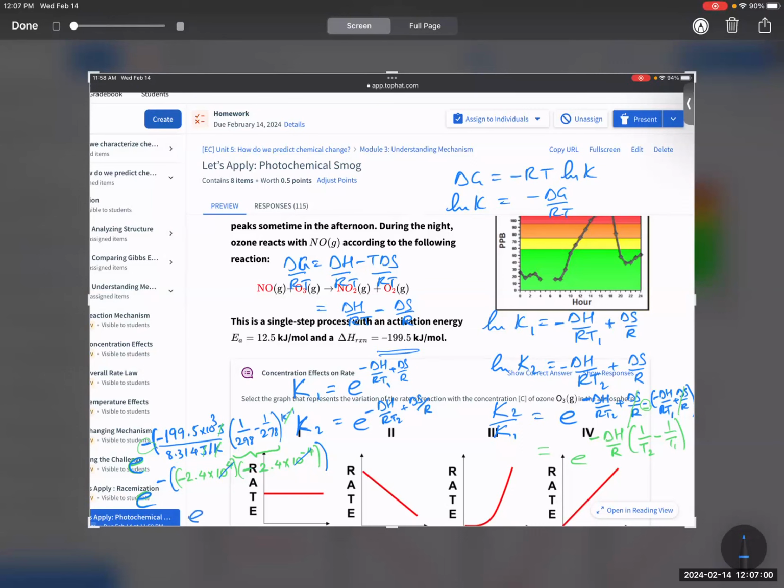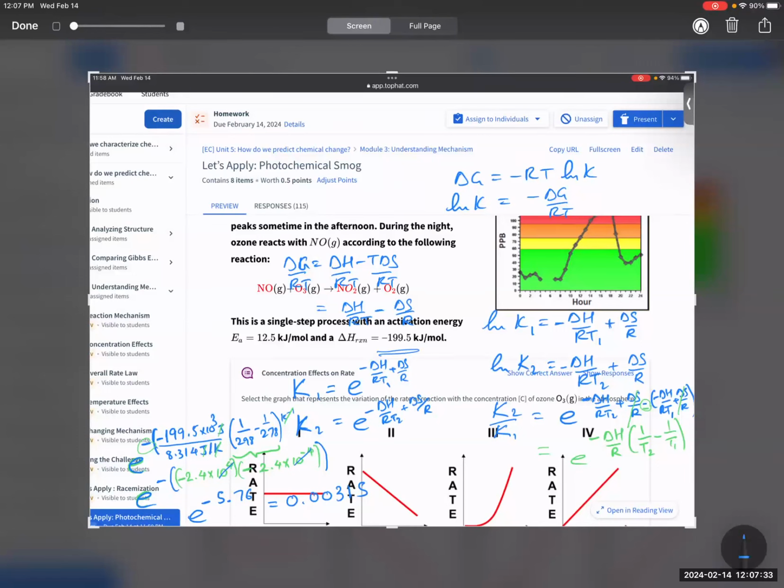This should be e to the power of negative 5.76. Now, what is that? It is 0.00315. That must be your answer.